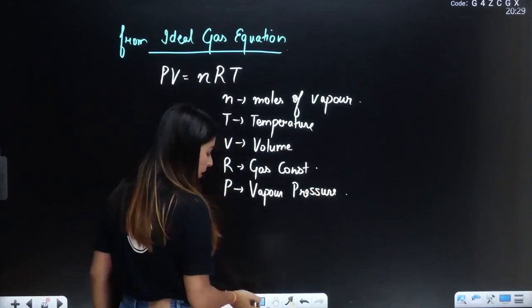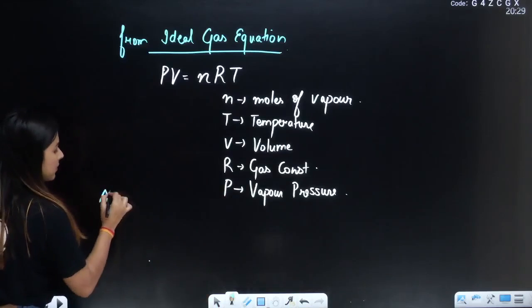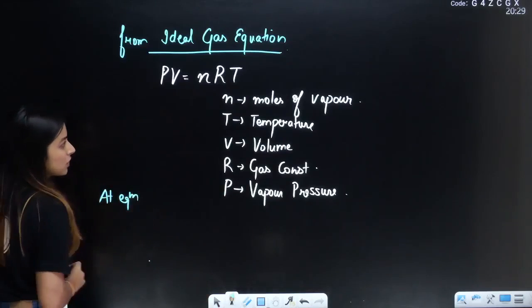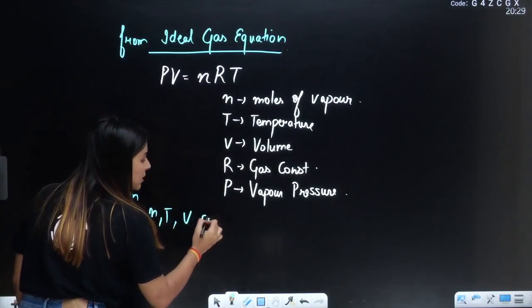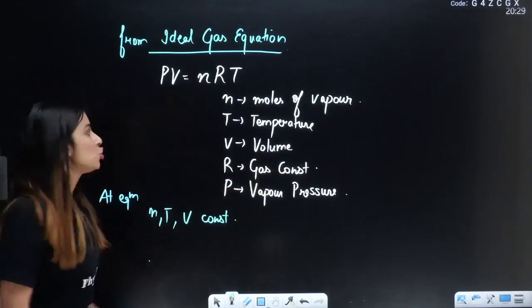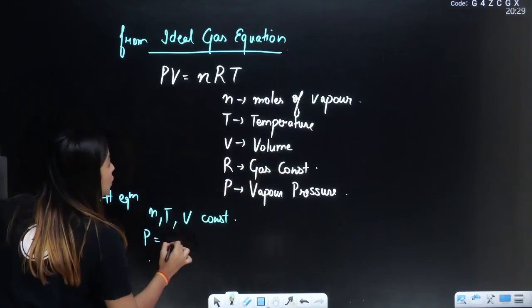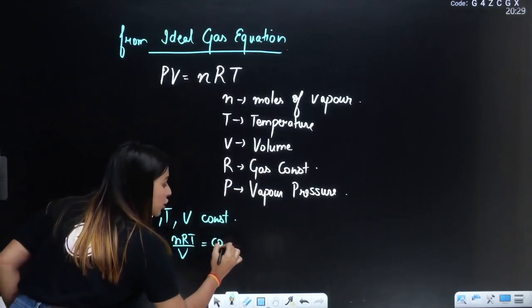Okay. Now imagine at equilibrium, my dear students, n, T, V are constant. And we know that R is a constant again. So P will be equal to nRT by V, which is equal to a constant value.